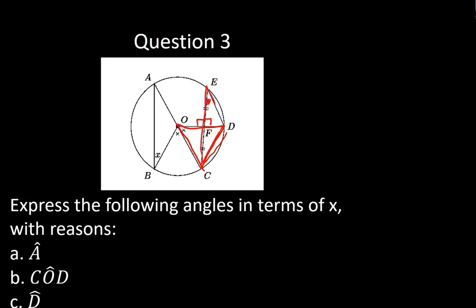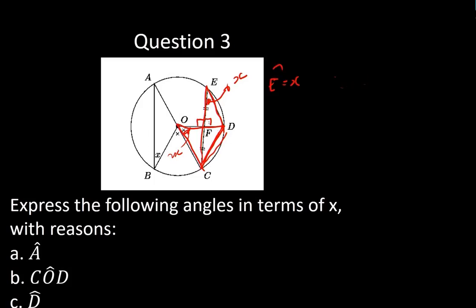So there we go, CD takes you to the center first and then to the circumference. So therefore, angle at center, and this one's a tricky one to see because of the way the diagram's positioned, is twice the angle at circumference. But we know that angle COD we've just proved is 2x. So therefore, angle CED will also be half of angle COD, because angle at center is twice angle at circumference. So therefore, angle E is going to be equal to x, and the reason is angle at center theorem.